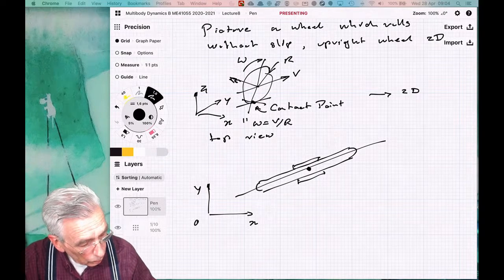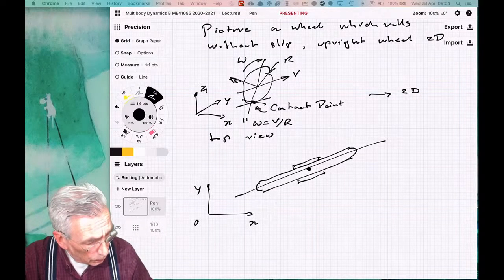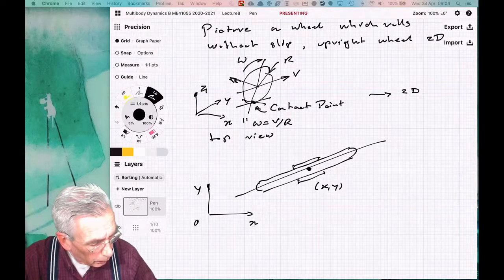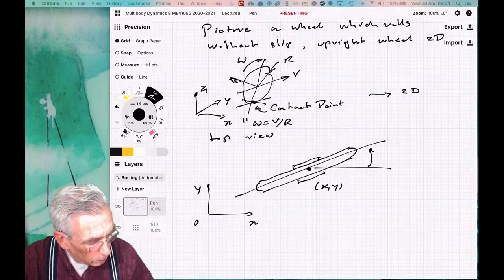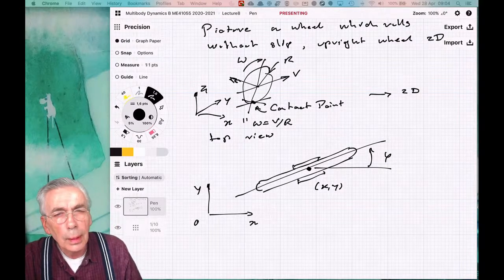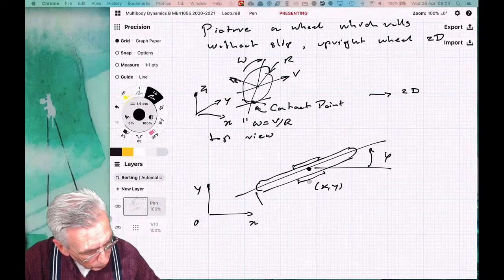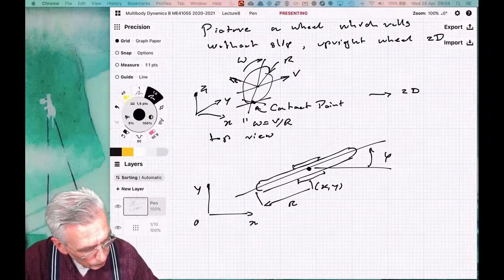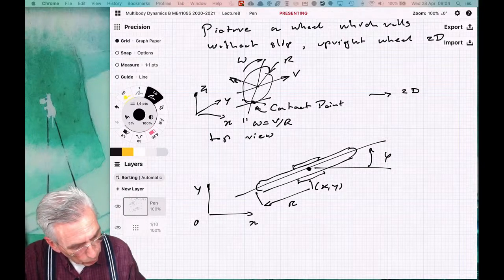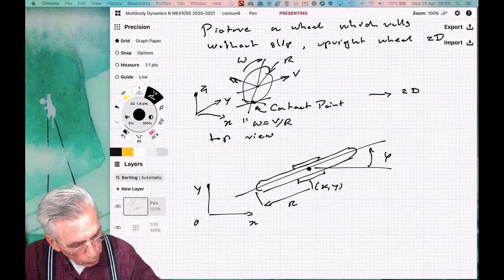Like any rigid body, it has a position on the plane, and it makes an angle, phi, with the horizontal, the x-axis. It has a radius r, and on top of that we have to make sure that it doesn't slip.